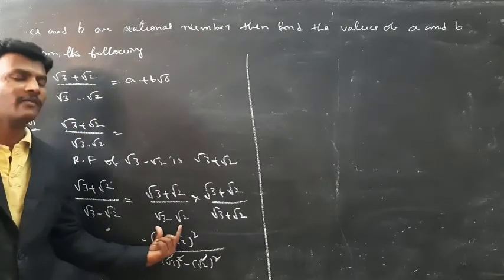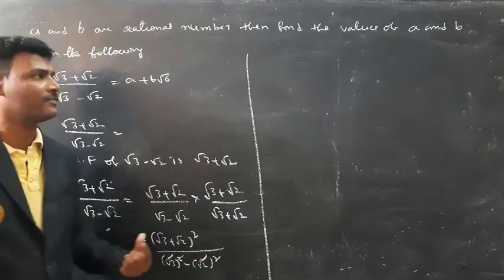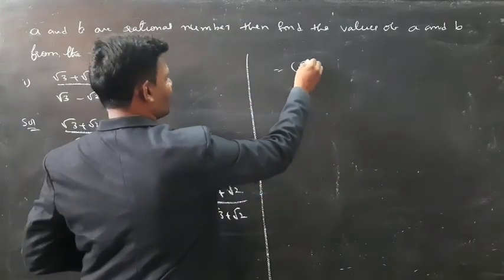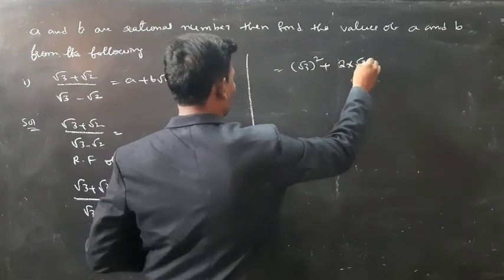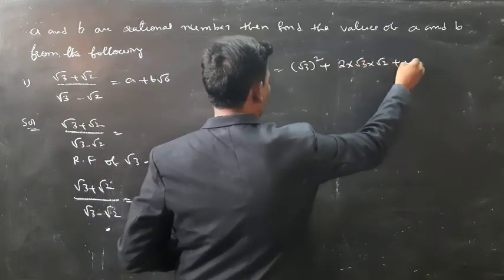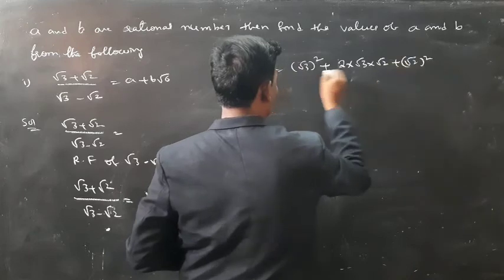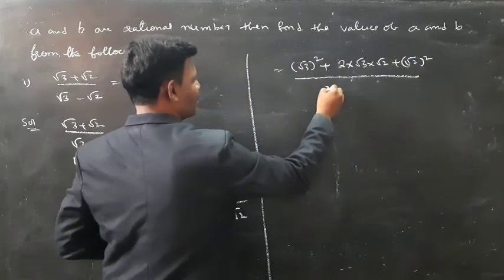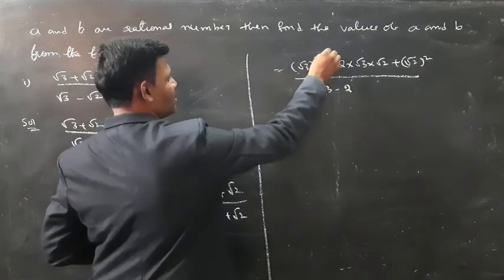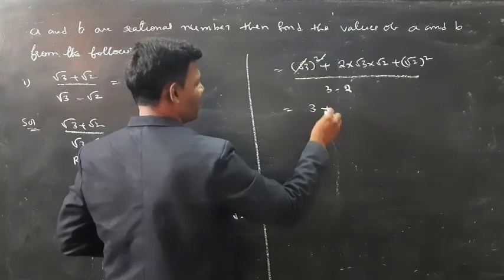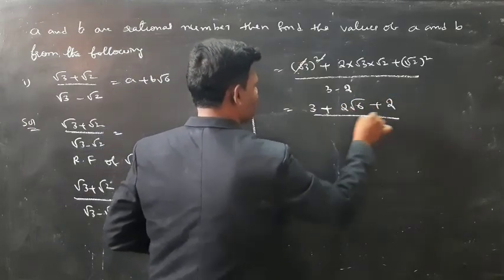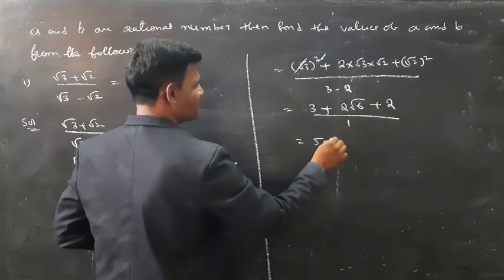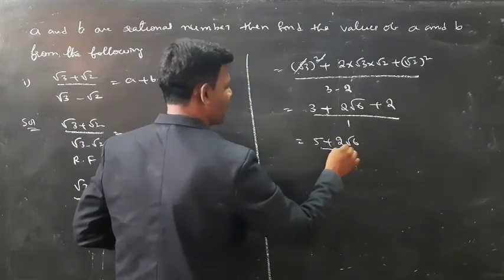Because it is in the form of (a − b)(a + b), the denominator is a² − b². The numerator is a² plus 2ab plus b², that is (√3)² plus 2 into √3 into √2 plus (√2)², by 3 − 2, that is 3 plus 2, 3 2s are 6, so 5 plus 2√6 by 1. So finally it is 5 + 2√6 by 1.